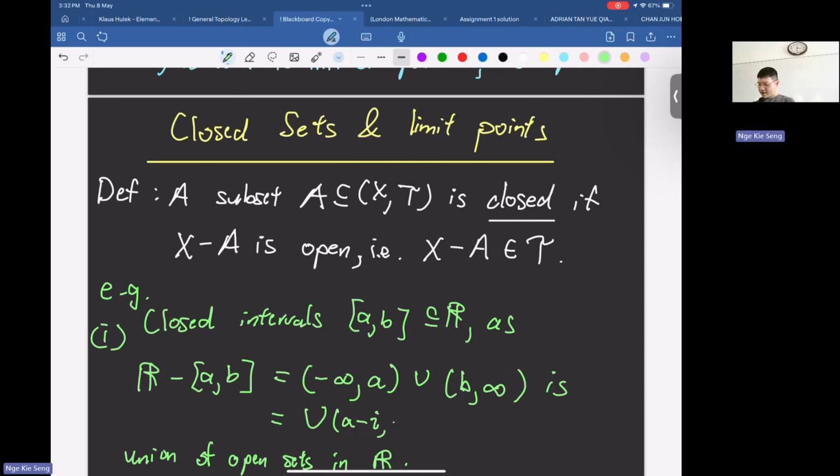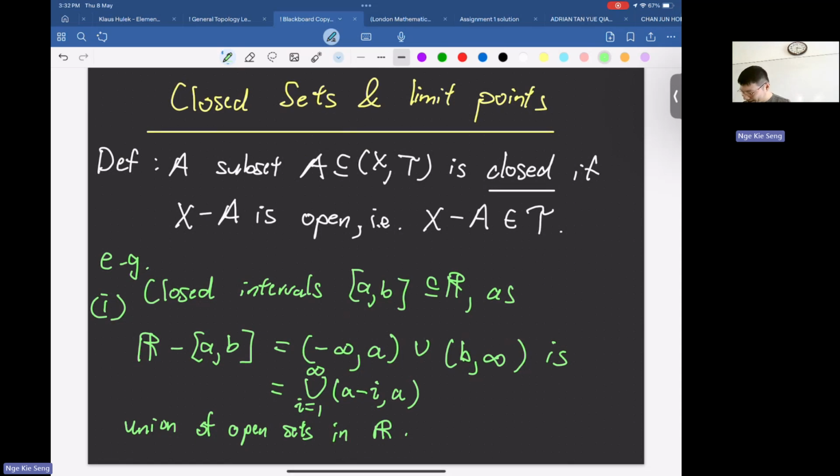A minus I to A, and then we take I from 1 to infinity. It works. Okay, wait, let me draw it. I get what you mean.